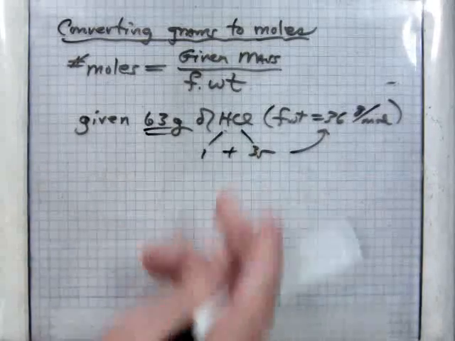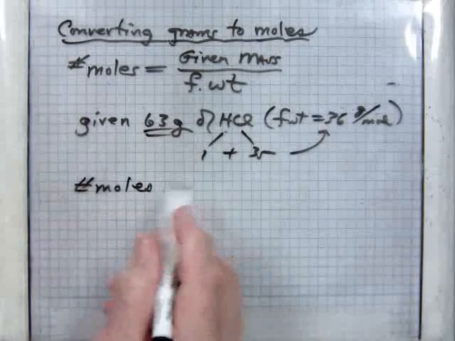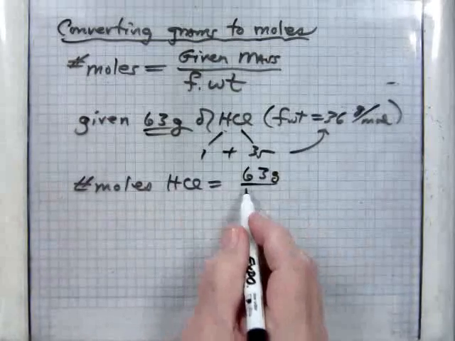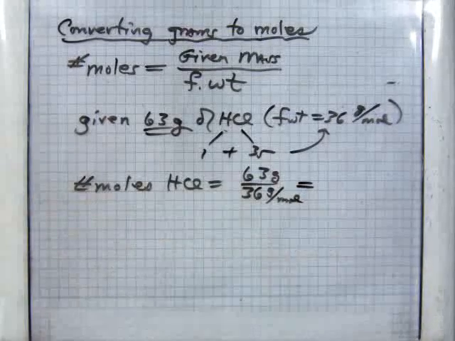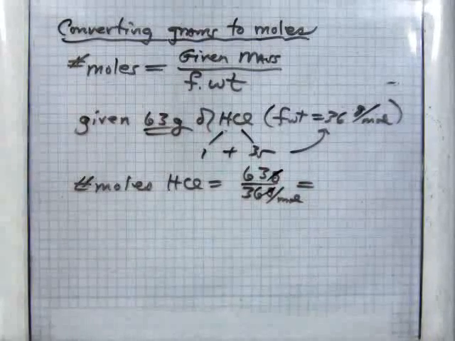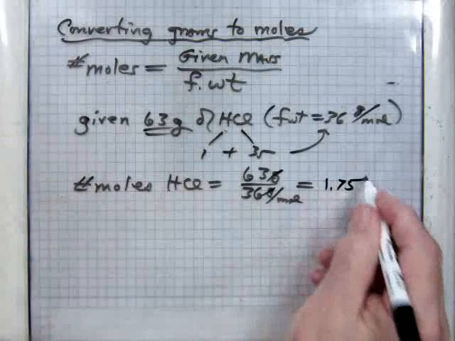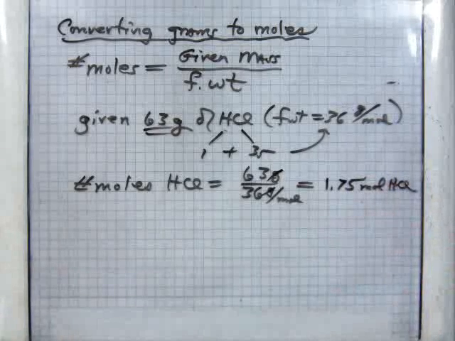So if we're given 63 grams, the number of moles of HCl is equal to the mass, 63 grams, over 36 grams per mole. And you can see how the units will invert, multiply, and grams will cancel in that calculation. And that gives us 1.75 mole of HCl. And that's the simplicity of it.